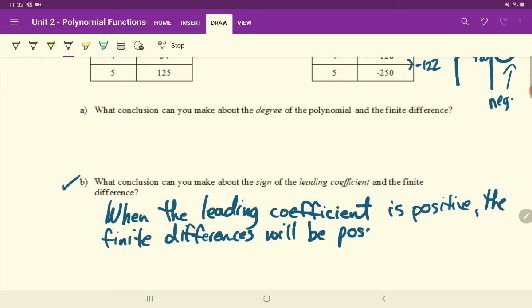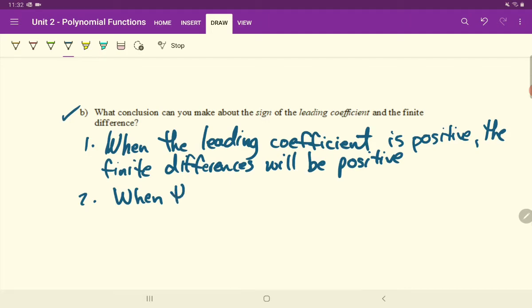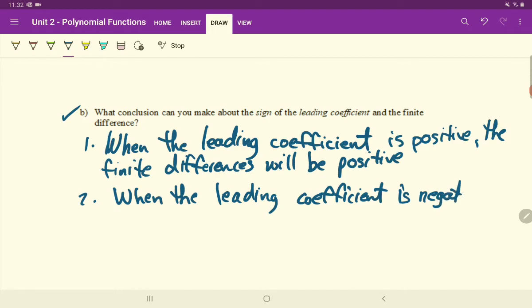So by looking at the finite differences, you can actually tell what direction the graph is going to go in. Because if they're negative, then you know the direction of the graph. If they're positive, then you know the direction of the graph. Okay, when the leading coefficient is negative, the finite differences will be negative.